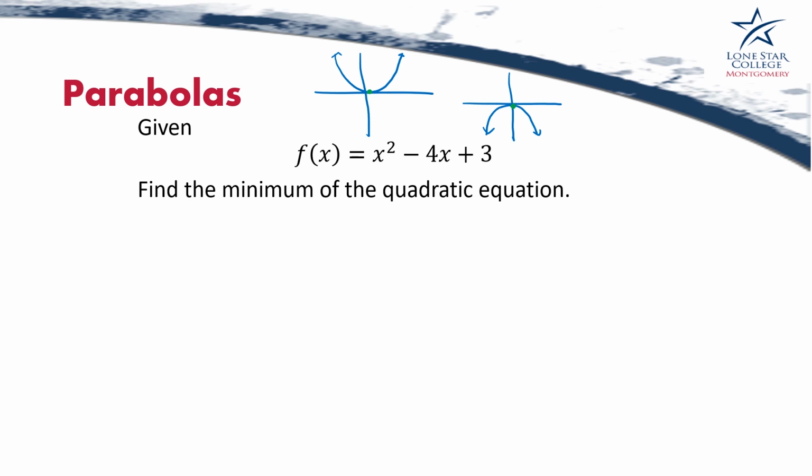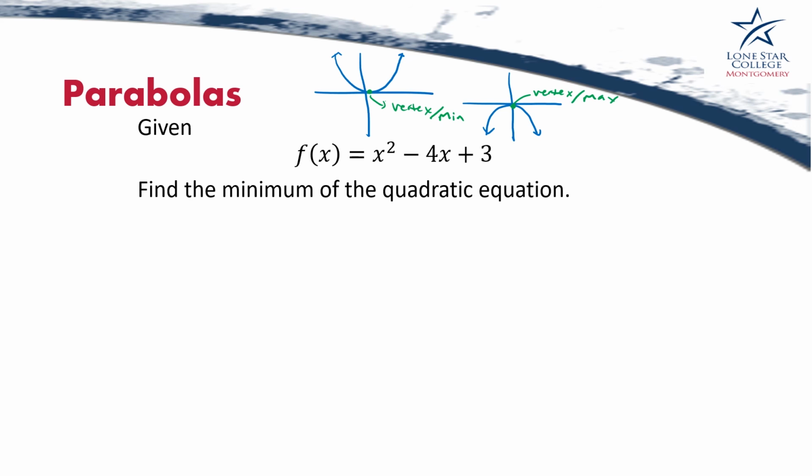And the vertex can be a minimum or maximum depending on what type of quadratic equation you have. These are called the vertex. Let me write that out. In this case, this would be the max, and this would be the min, because lowest point, highest point.